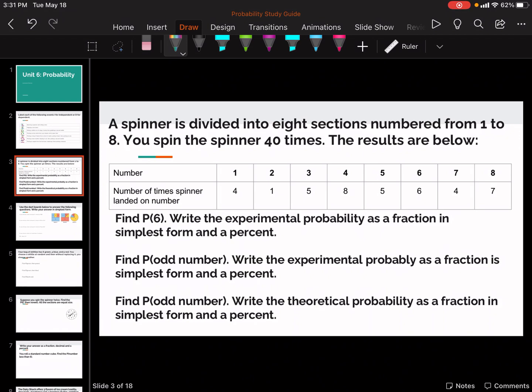Getting a 6 was 6 times out of 40. Okay, we're going to simplify that, and that's going to be 3/20ths. Then let's change it to a percent, so 3/20ths equals x over 100, which would be 15%.